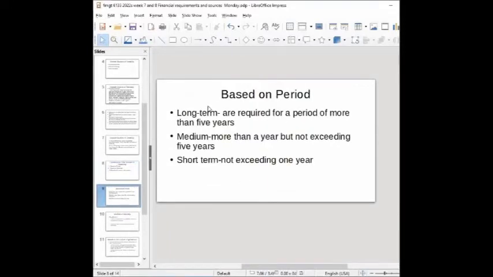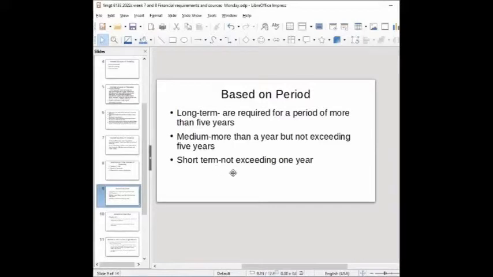For based on period, the sources of funds are based on the terms of payment by the borrowers. On the basis of period, the different sources of funds can again be categorized into three: the long-term sources, the medium-term sources, and the short-term sources.